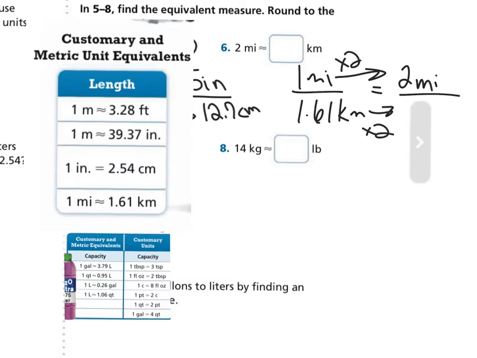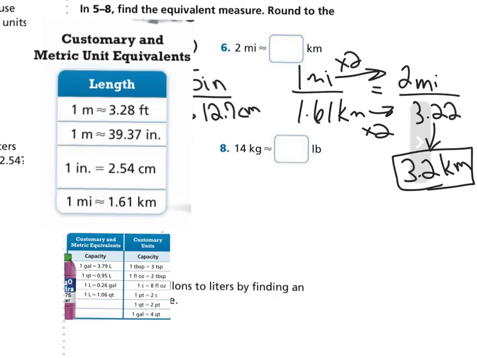Twice that amount would be 3.22. And then we're just going to round it to the nearest tenth. So we'll say that's about 3.2 kilometers.